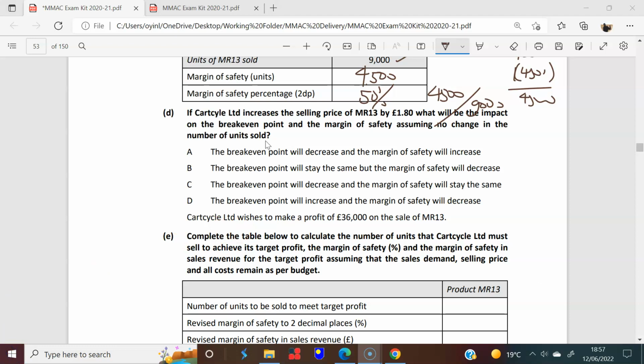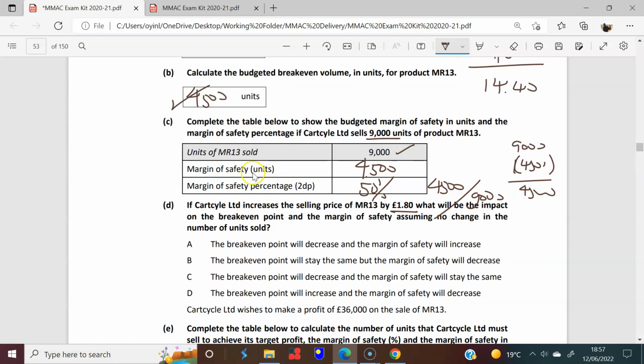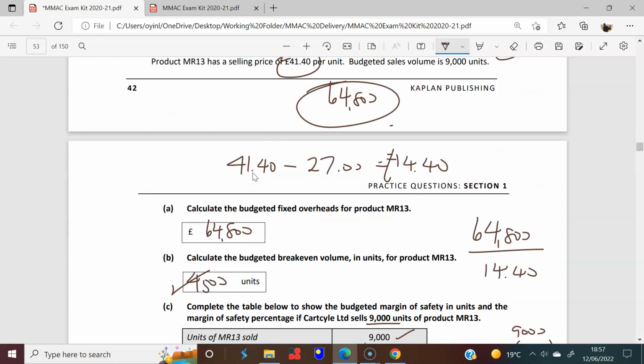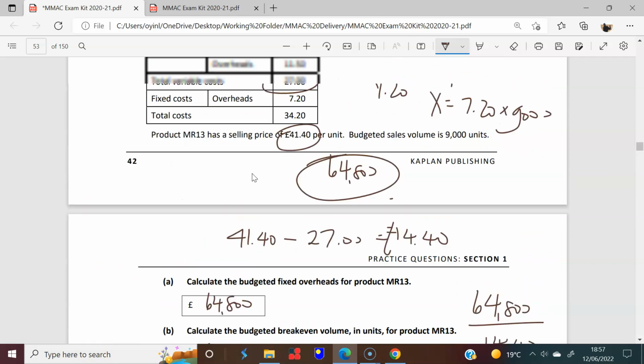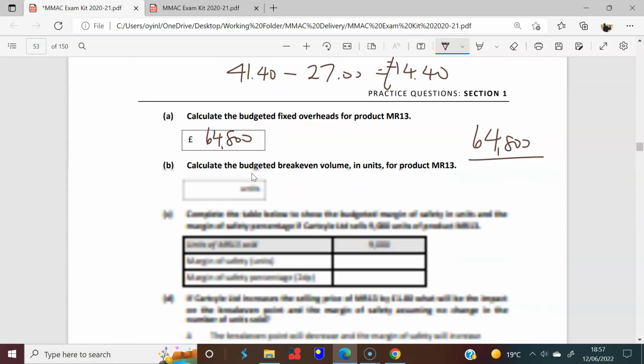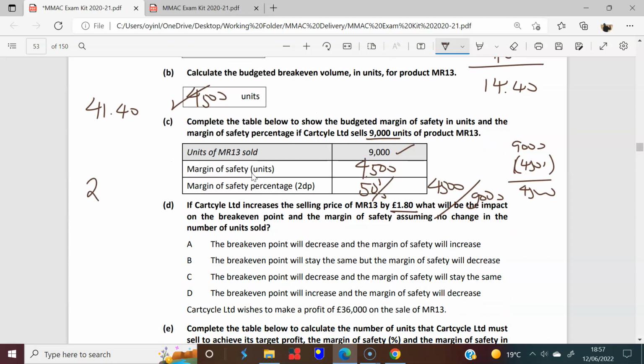Right, and so what are we saying here? That if you increase the selling price by £1.80, so the selling price is currently £41.40, and your costs are £27. If you increase this by £1.80, we're looking at £43.20, right? So the point here is that we will hit break even sooner, so the break even point will decrease.